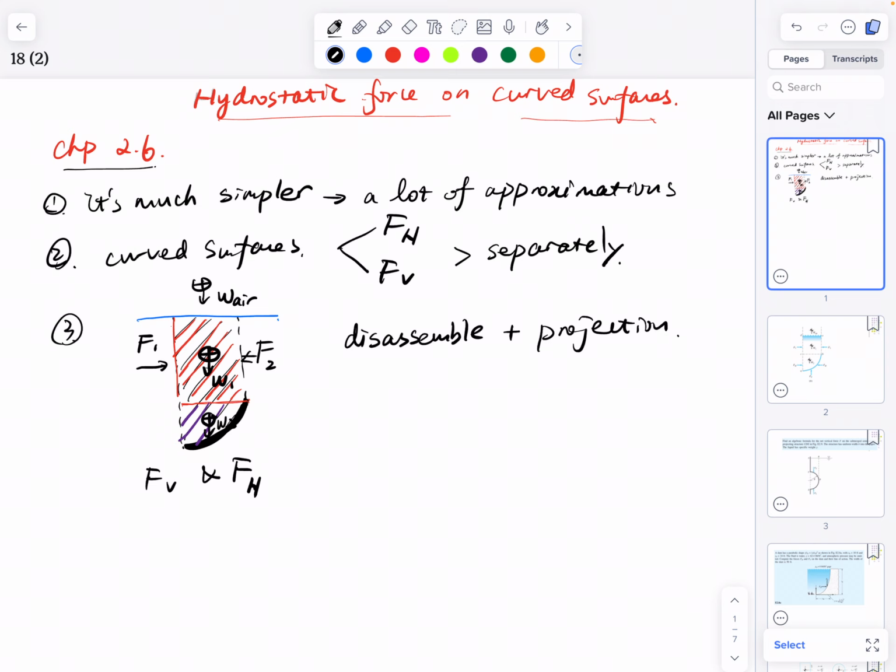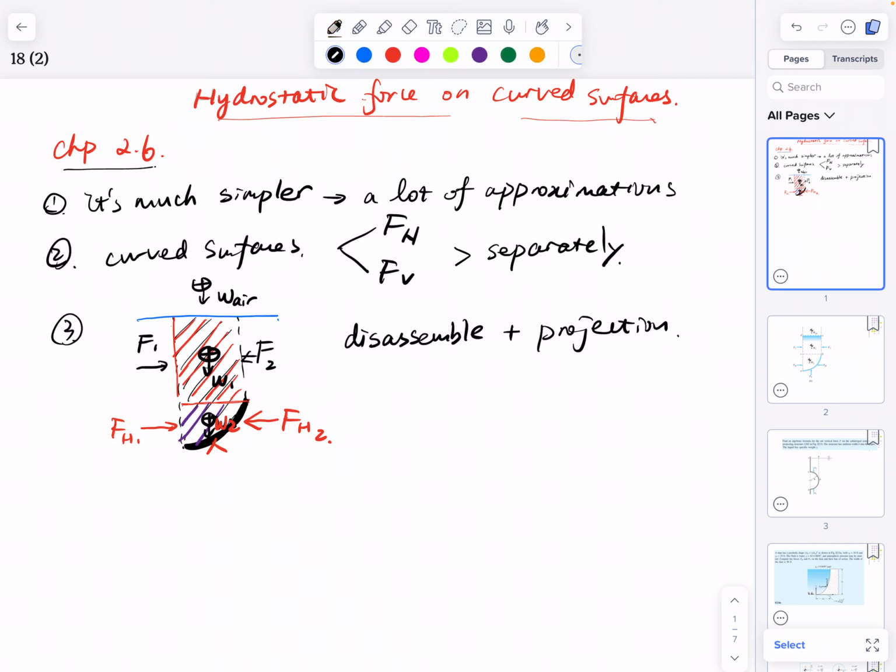It's not very readable, so let me change color. It's called W2. And we have FH1 here and FH2 here. And we have a vertical force working on the bottom of the board.